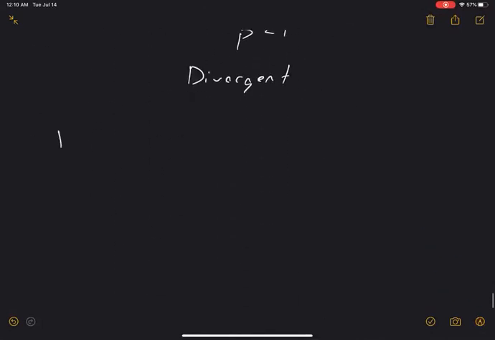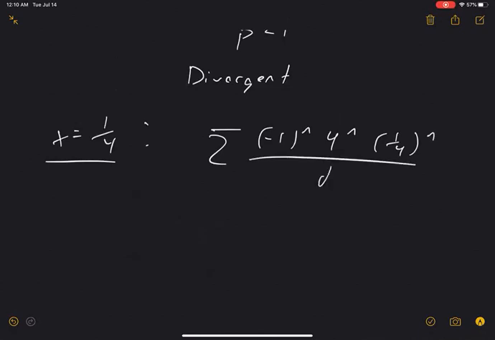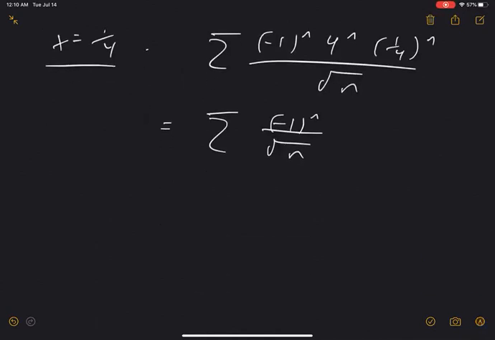Now let's plug in x equals +1/4 to my series. Simplify. It simplifies as what? (-1)^n over square root of n. This is an alternating series.